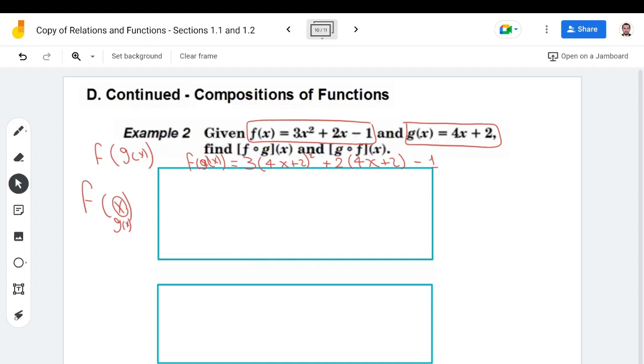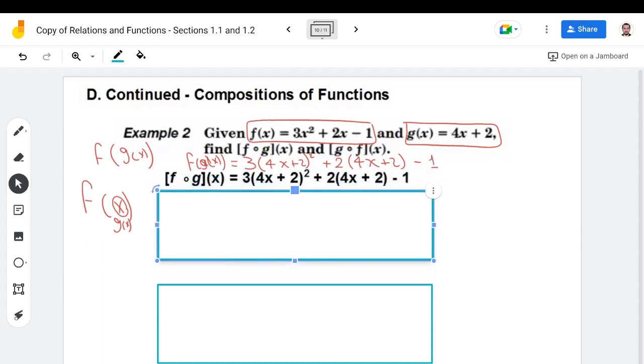Then, girls, what's wrong? Yes, Mira. As you can see, the first step is putting one function in another like this. So now f of g of x equals 3 times (4x plus 2) squared plus 2 times (4x plus 2) minus 1. How can we simplify this? Yes, Madeline.